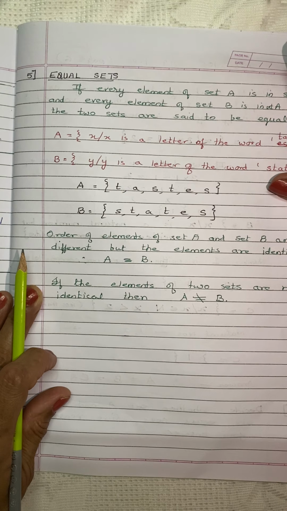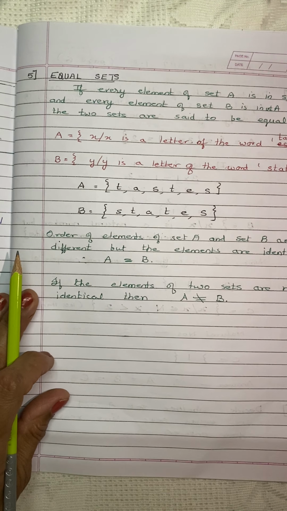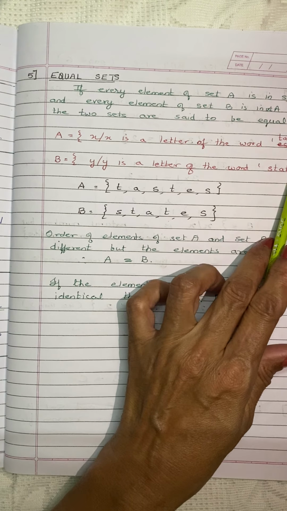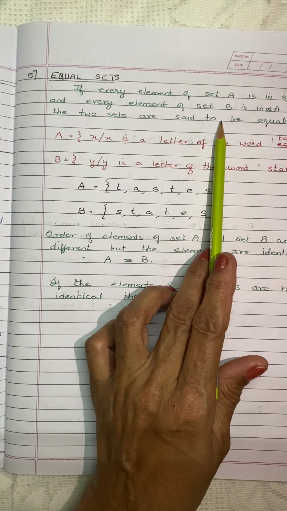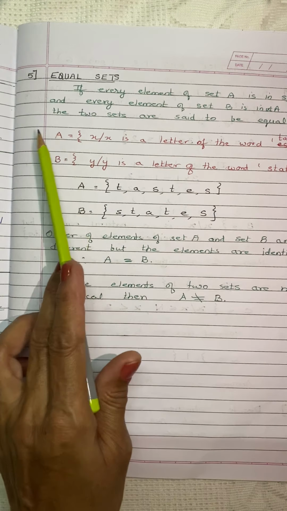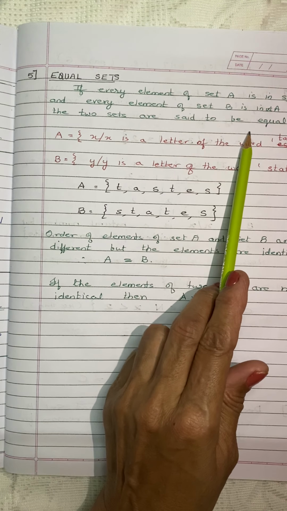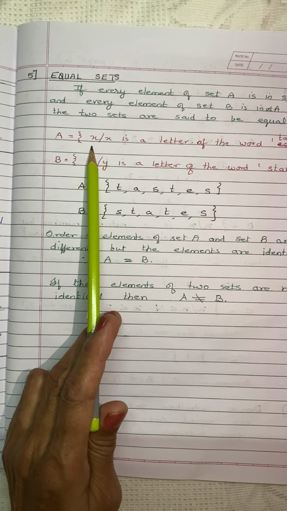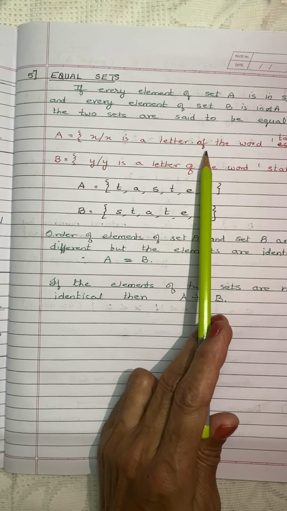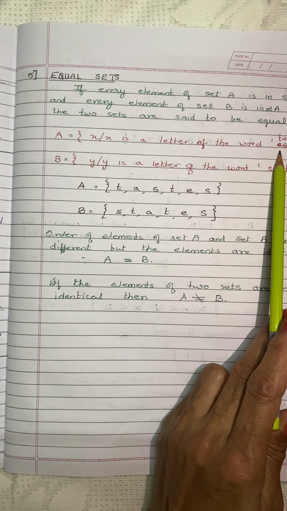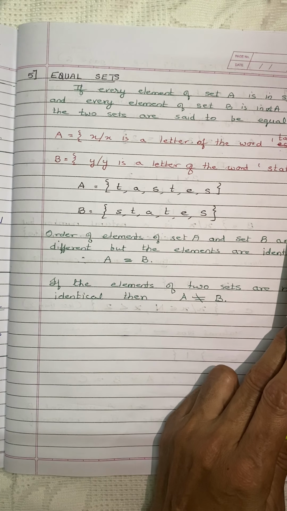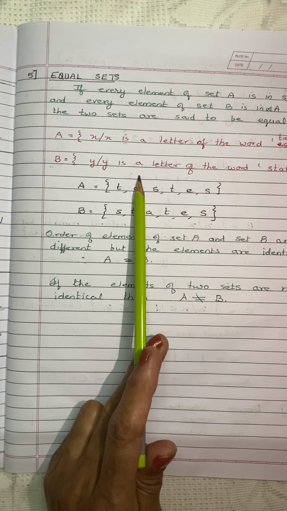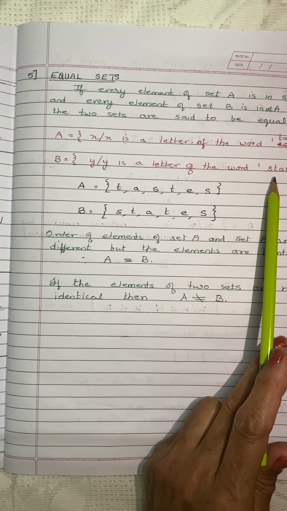Now one more type of set is the equal set. If every element of set A is in set B and every element of set B is in set A, then the two sets are said to be equal. Now A is {x such that x is a letter of the word TASTES}, and B is {y such that y is a letter of the word STATES}.